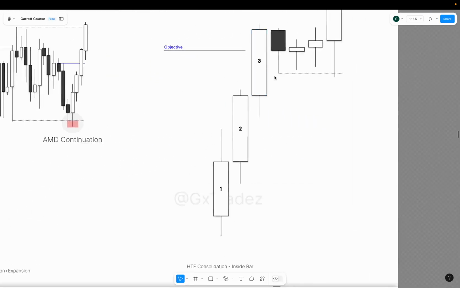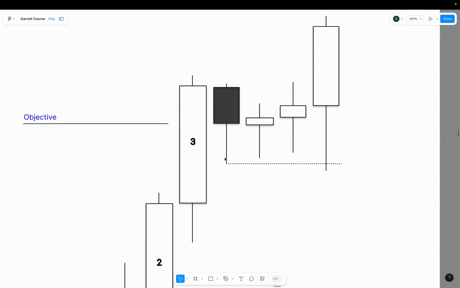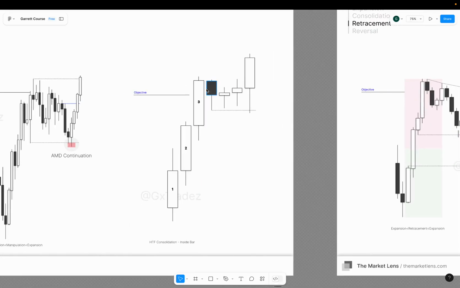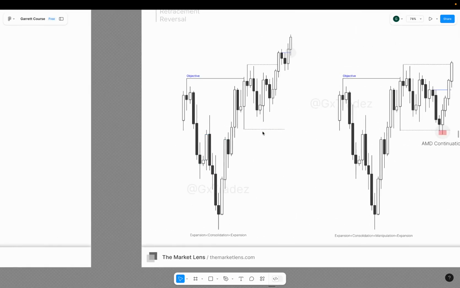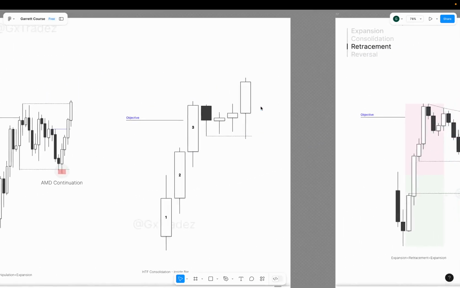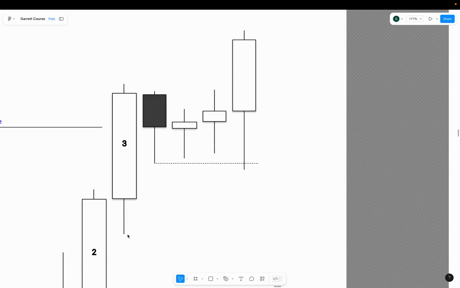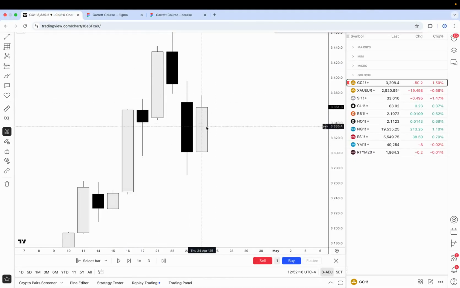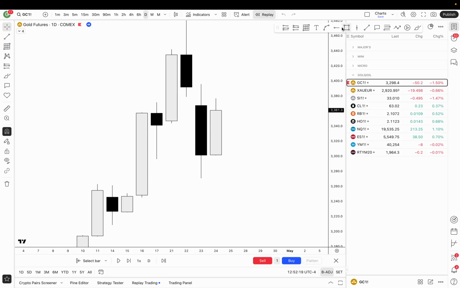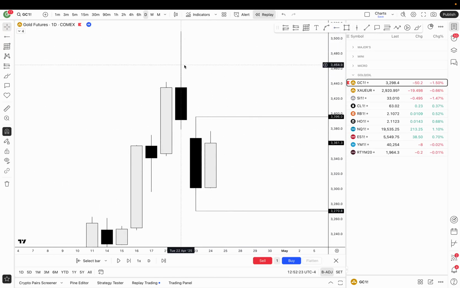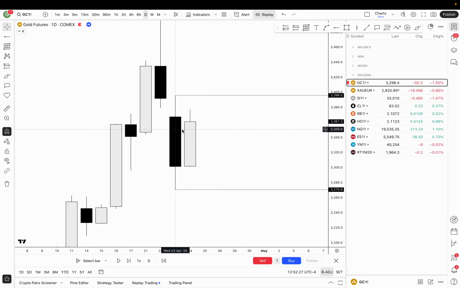On the higher time frame, the signature for a consolidation is when price stays inside of an actual high and low on the daily chart, but also when price just inside bars within the previous day. That's what you see here, and that can be on any time frame, by the way. But as you see, price has this consolidation high, consolidation low, and that's after expansion, after the weekly open high first. So this all points bearish.